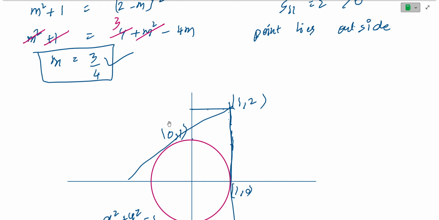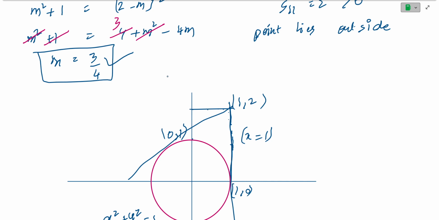Just take the other tangent's slope as undefined and find the vertical straight line passing through that point. The vertical straight line passing through this point is x = 1, so this will be the other tangent equation.